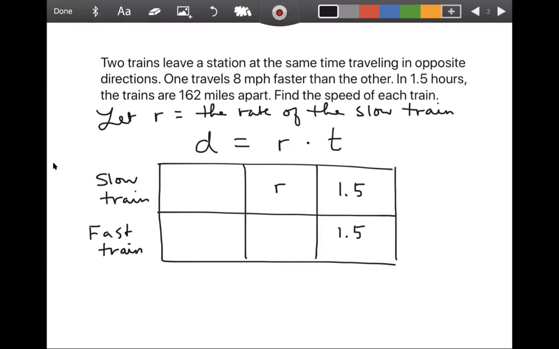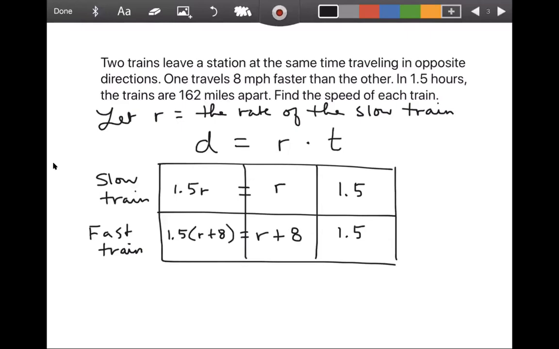Since it travels 8 miles per hour faster, its rate is R plus 8. So the distance traveled by the slow train is 1.5R. Distance traveled by the fast train is 1.5 times R plus 8.